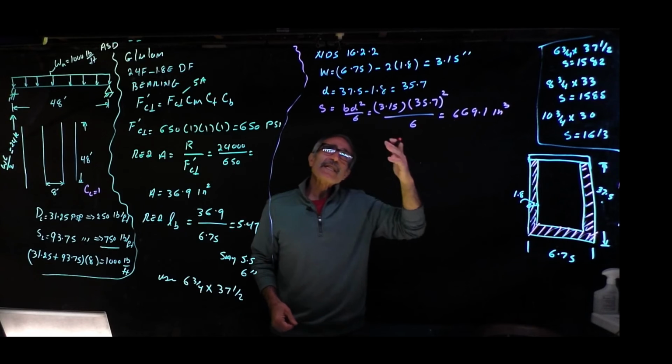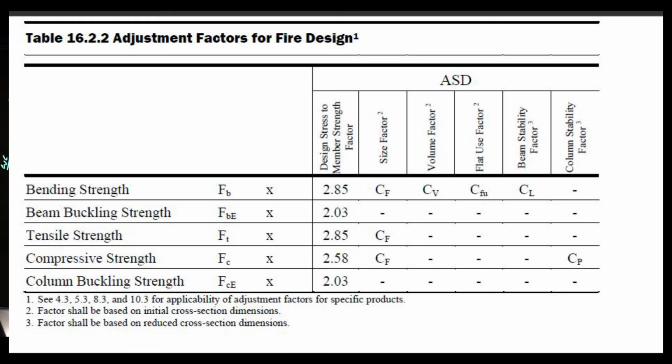Then the same chapter 16 gives you this equation. It says the capacity of our beam in a fire, F prime B, I'll explain that in a second, hold on. They have this multiplier 2.85 times F_b times C_F, C_V, C_L, basically the lesser of these two, which we already talked about. The lesser of the two.